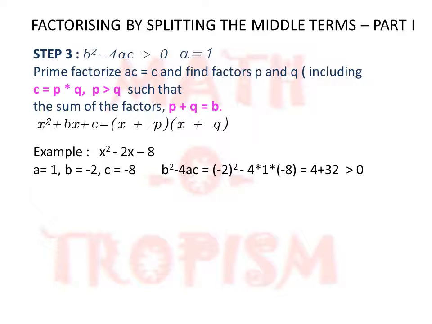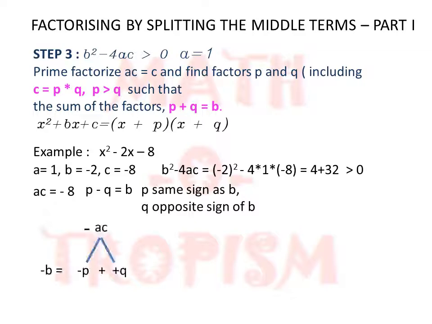So both are positive, so it's a number greater than 0. Now AC is minus 8. So if C is negative, it means I need to subtract the two factors. P minus Q should give me B and P will have the same sign as B. Q will have the opposite sign.